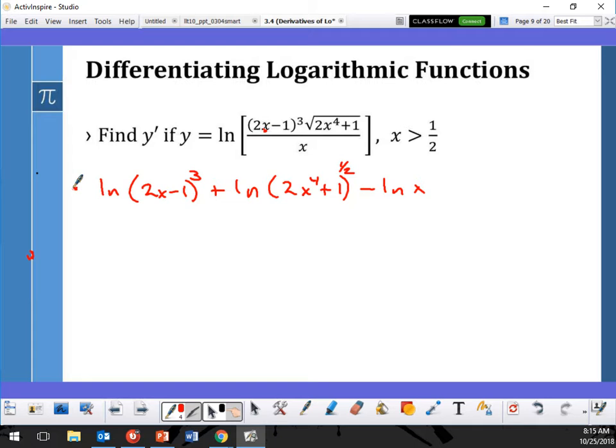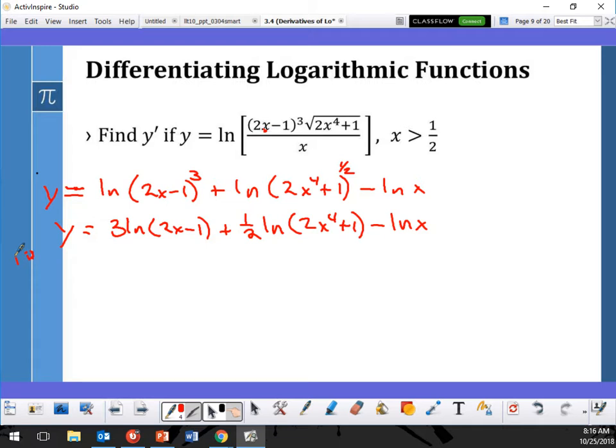So I could rewrite it as 3 ln of 2x minus 1 plus 1/2 ln of 2x to the fourth plus 1 minus ln x. That's going to make everything a whole lot easier, right? So this is still my y. I haven't actually done anything yet, except try to simplify this to make my math a whole lot easier.